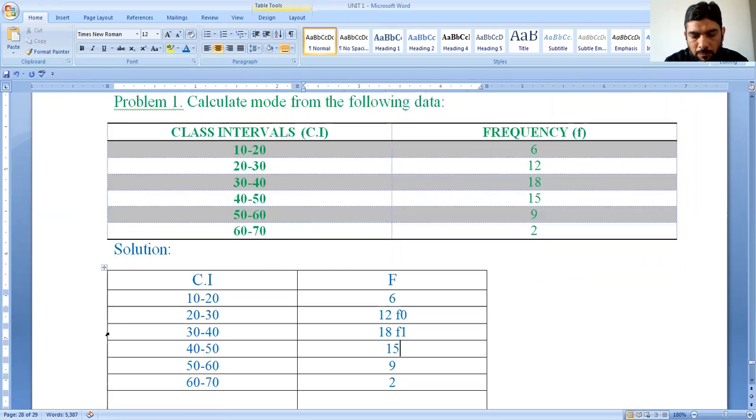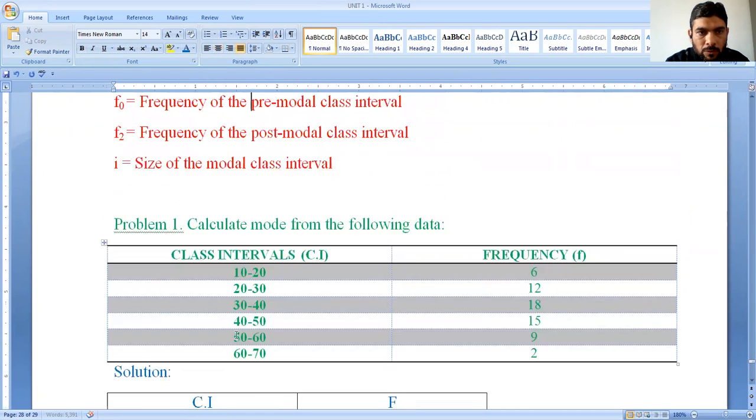The frequency after the modal class interval, that is 15, will be F2. The respective class interval corresponding to the highest frequency gives L1 and L2, that is 30 and 40, which shows the difference in the class interval.